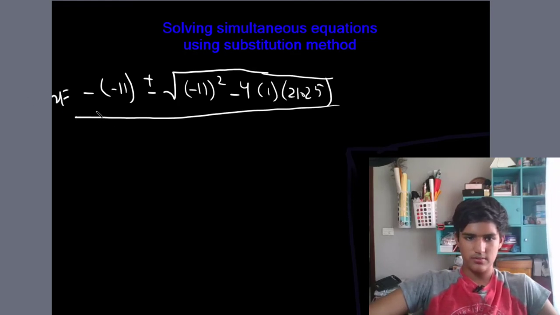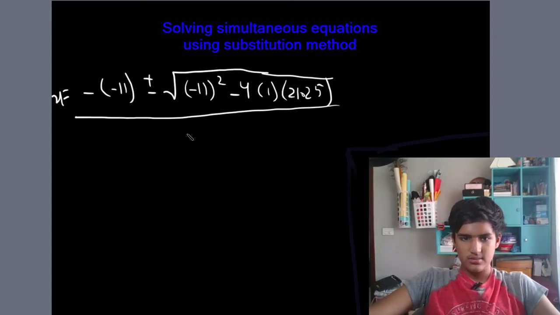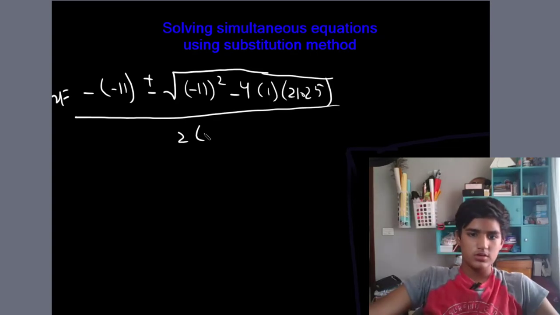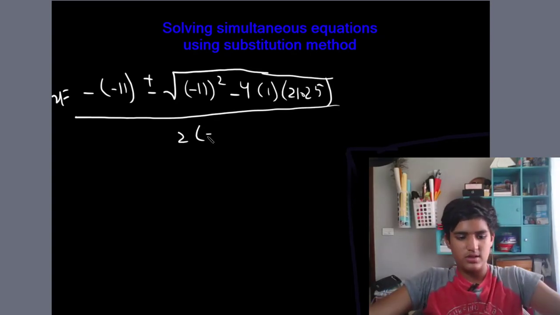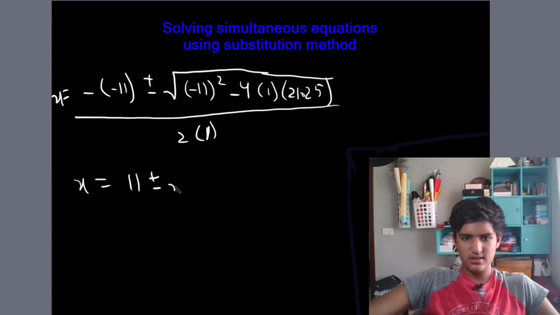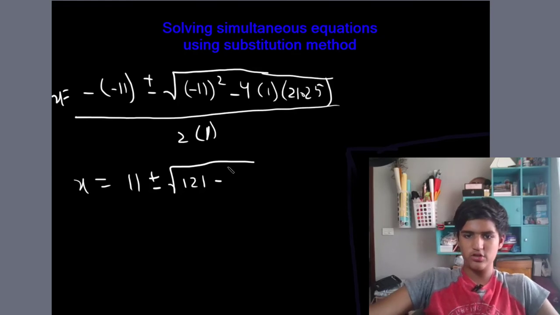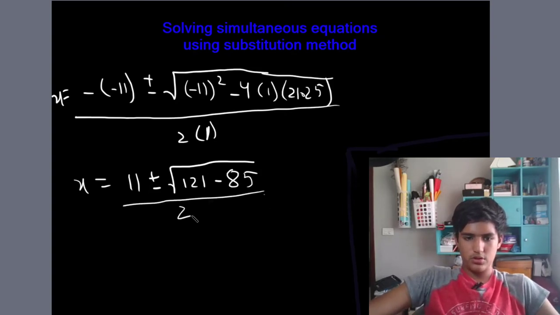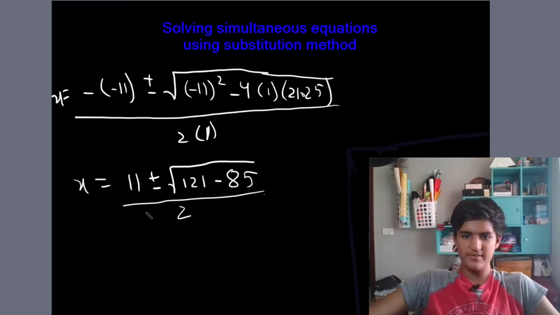x is equal to this entire thing upon 2 into 1. So x is equal to 11 plus minus under root 121 minus 85, upon 2. 4 into 1 is 4 and 4 into 21.25 is 85.